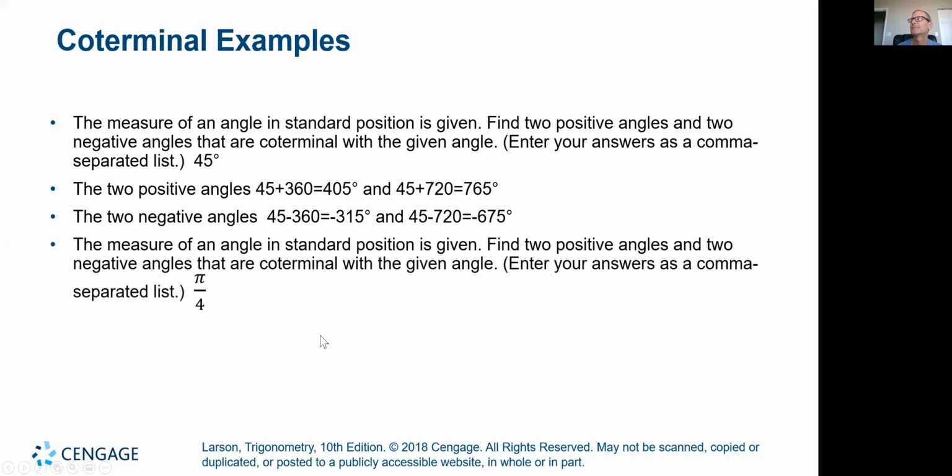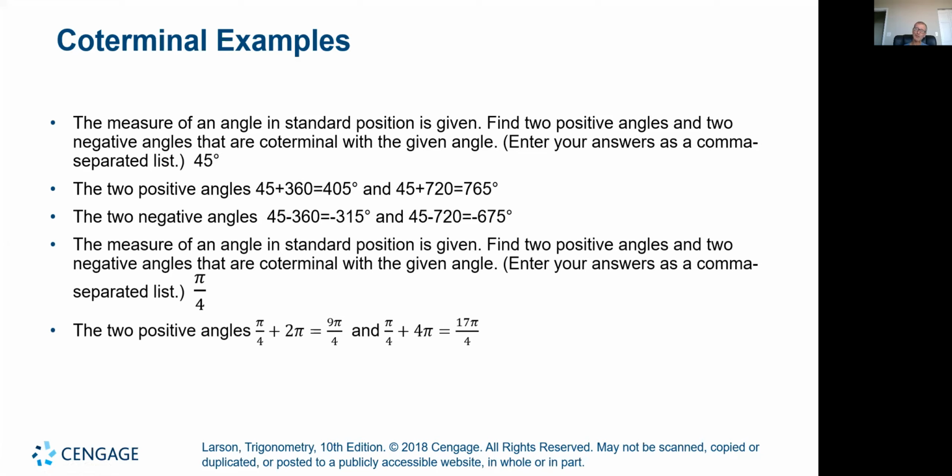So let's see where we're at here in these calculations. I'm just going to show you these right here on the slides. Instead of doing degrees, we do radians, and pi over 4 is 45 degrees. You can see when n equals 1, we add 2 pi.